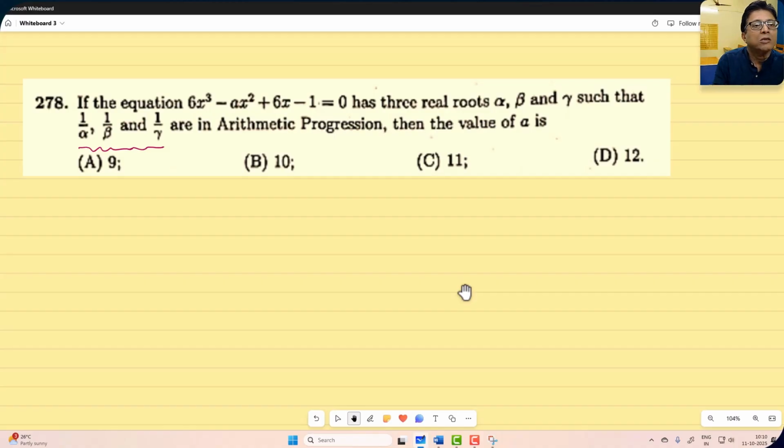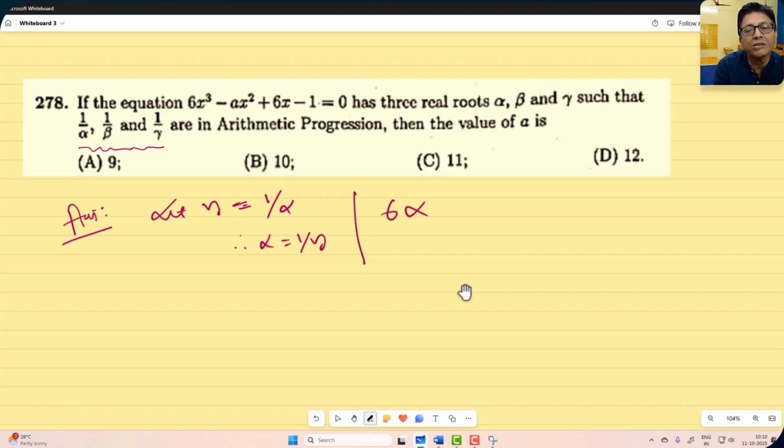Okay, so let us go for that. Let y equal to 1 by alpha, so alpha equal to 1 by y. Since alpha is the root of the given equation, a alpha square plus 6 alpha minus 1 equals 0.